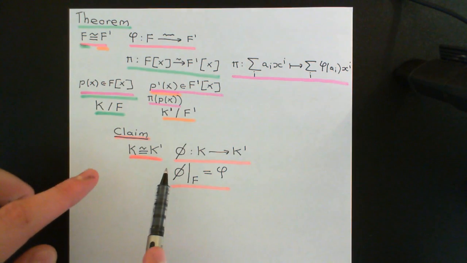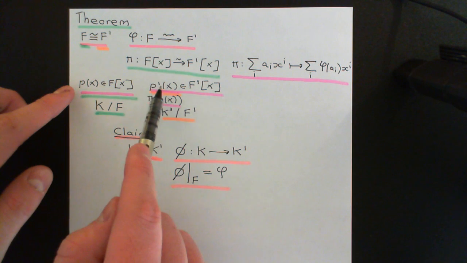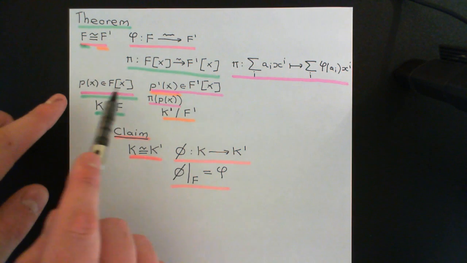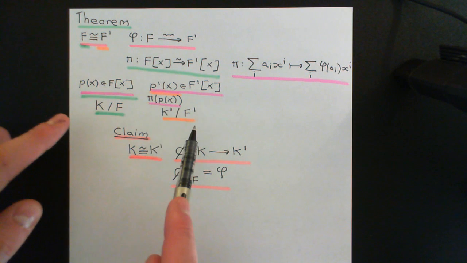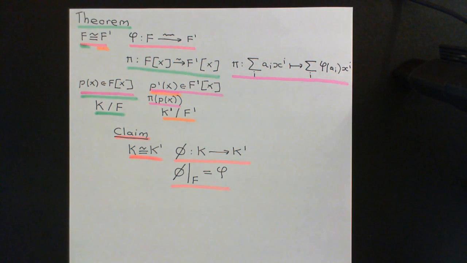Then this statement becomes that if you have the polynomial, well, p prime now will be the same polynomial because the isomorphism is just the identity map, so p prime will be p, and now it just becomes that if we have these two splitting fields, K and K prime, they're isomorphic to one another. So this is exactly the uniqueness thing that we wanted to prove. Okay, so if we prove this, it will prove that splitting fields are unique, so we are entitled to talk about the splitting field of a polynomial over a field, capital F.